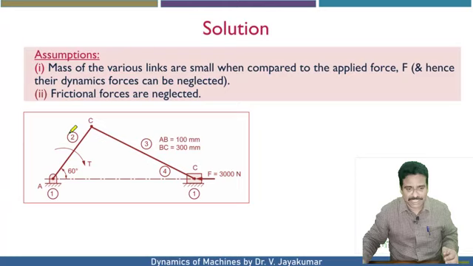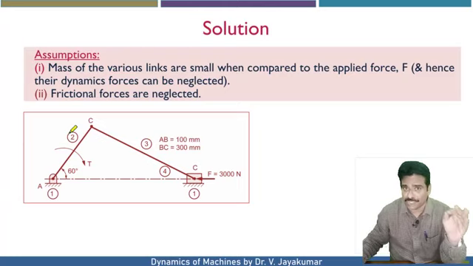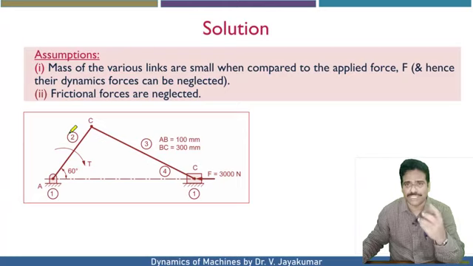But in this case, we assume, it's a very crude assumption though, that the mass of the various links, including slider and connecting rod, is negligible, and also the acceleration is low, and hence m into a, the inertia forces of the moving components, are comparatively lower when compared to the applied force, in this case 3000 Newton.